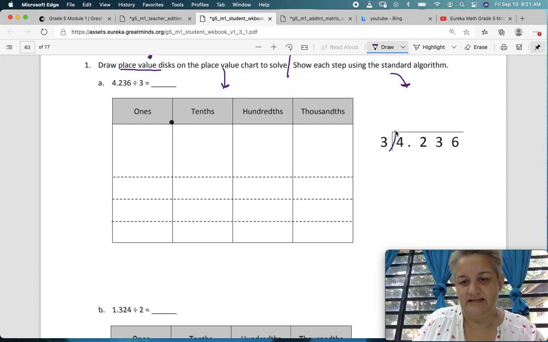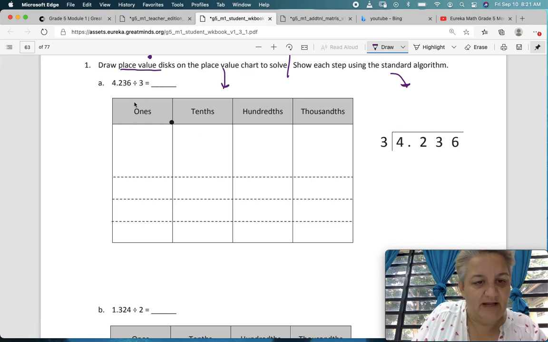Okay? I always have a curve in mine. I don't know, that's just how I learned how to write that. This symbol, right? We don't read this problem as 3 divided by 4 and 236 thousandths. No. We read it as 4 and 236 thousandths divided by 3. Okay? So that's just a wording thing.